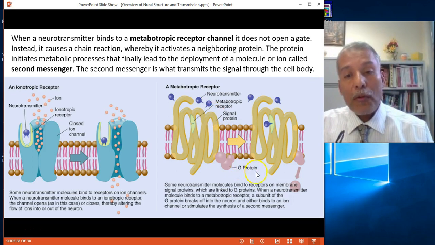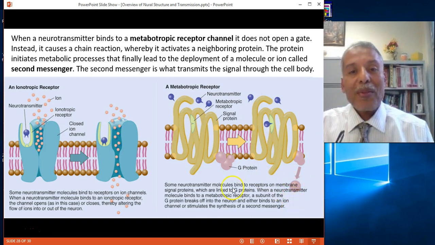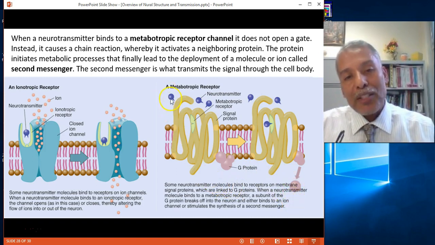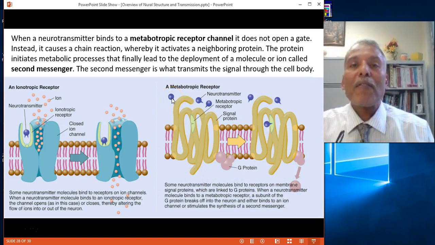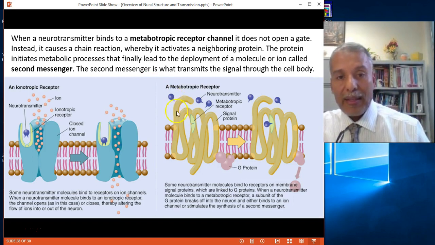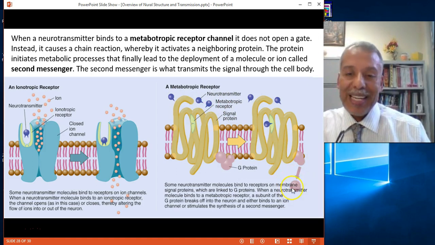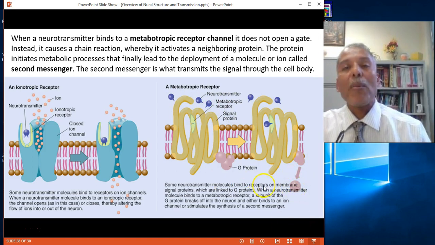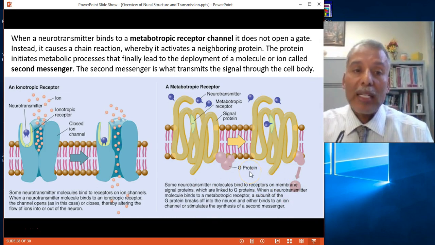And because of that, with the second messenger inside of the cell now transmitting the signal, the neurotransmitter is now known as the first messenger. So the first messenger brings a signal, and then it sets off all this chain reaction, and then a second messenger takes the message and broadcasts it through the cell until that message reaches the axon hillock.